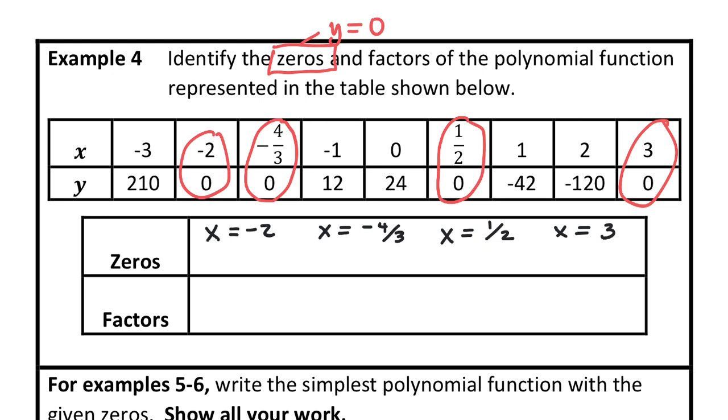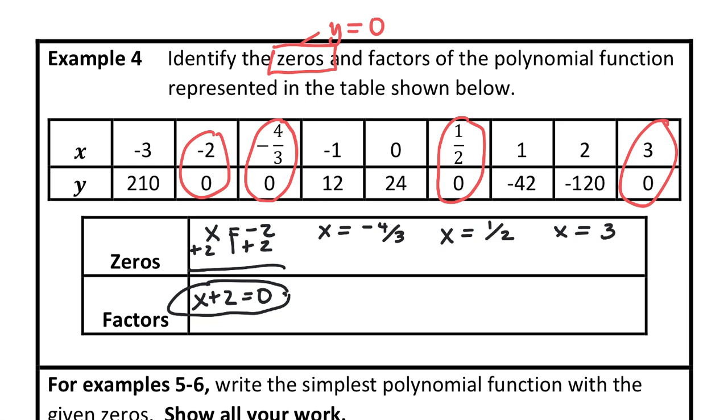Right. So if I'm going to write this as a factor, this one's pretty easy. This is plus 2, plus 2. That's going to give me x plus 2 equals 0. So that's one factor.